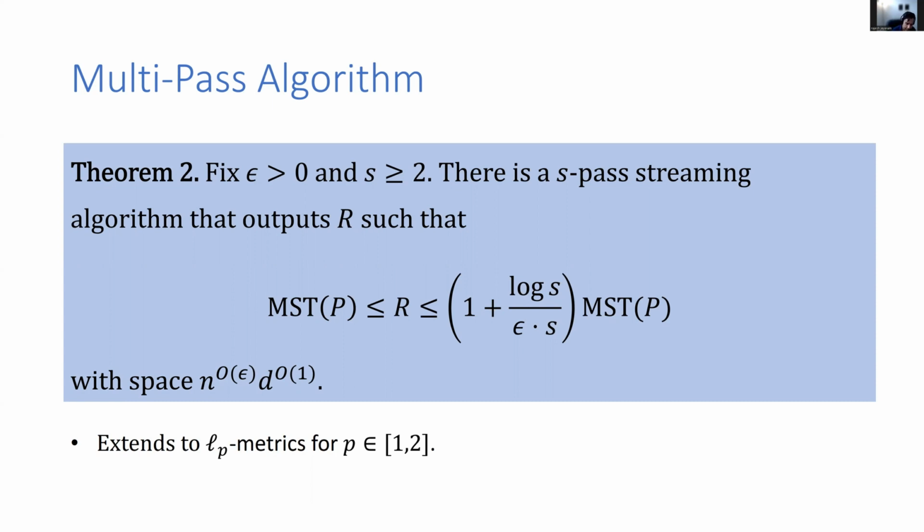So in particular, if I think of epsilon as being some small constant, then for any approximation parameter alpha, using roughly log alpha over alpha passes over the stream, I can get a 1 plus alpha approximation to the MST. So this shows that the prior lower bound can be beaten with multiple passes over the stream.